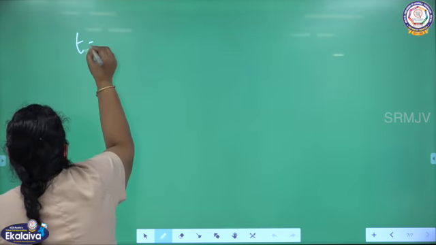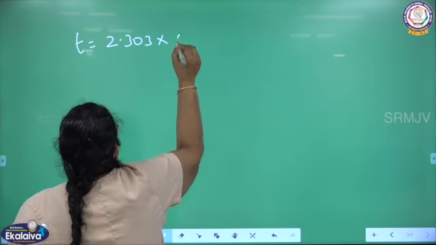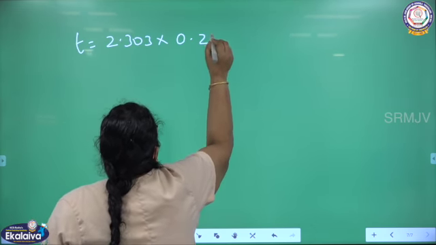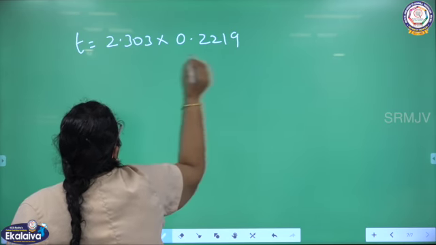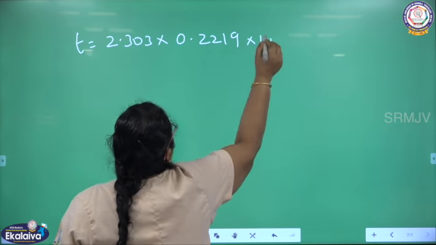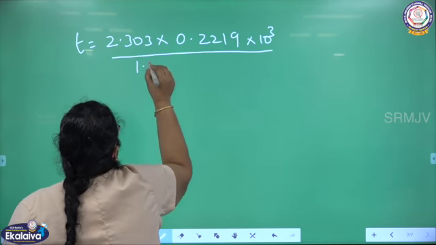T is equal to 2.303 into 0.2219 into 10 power 3 divided by 1.15.